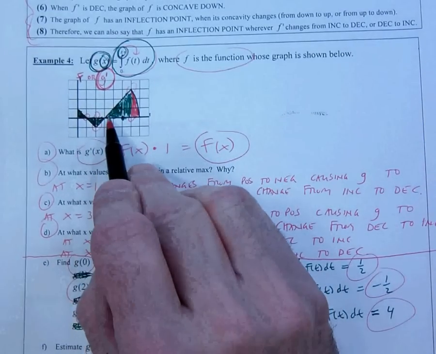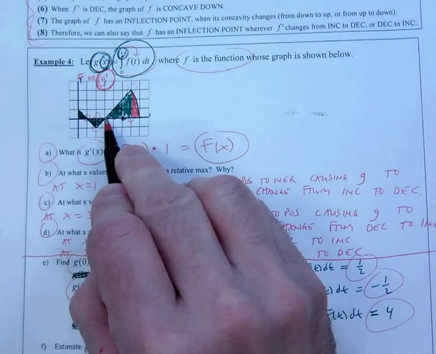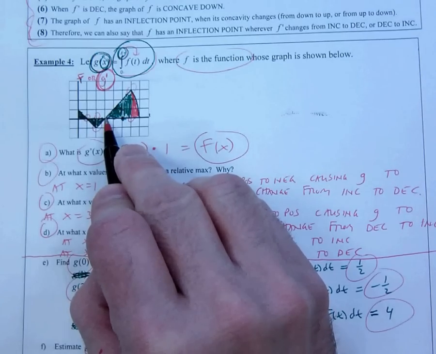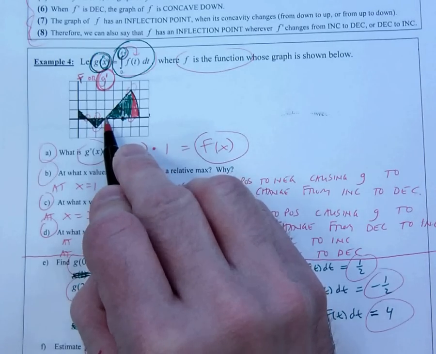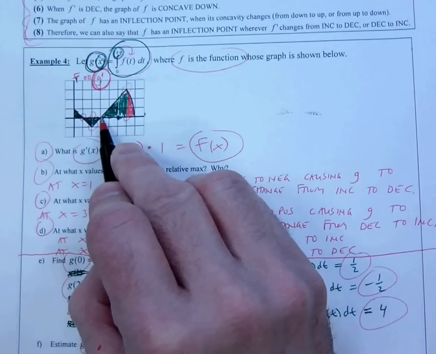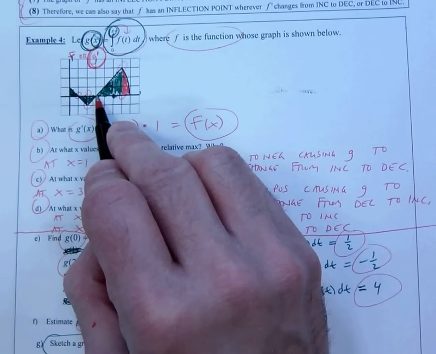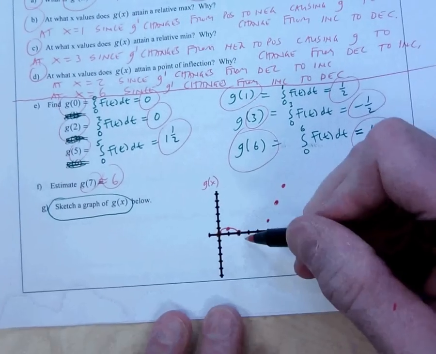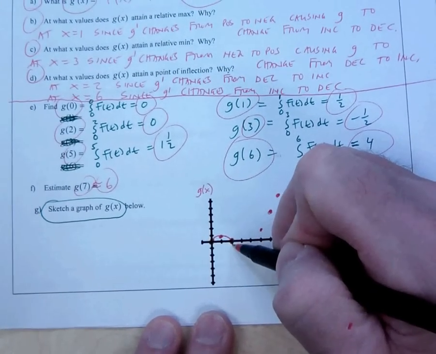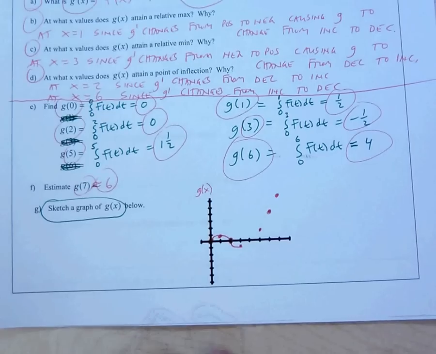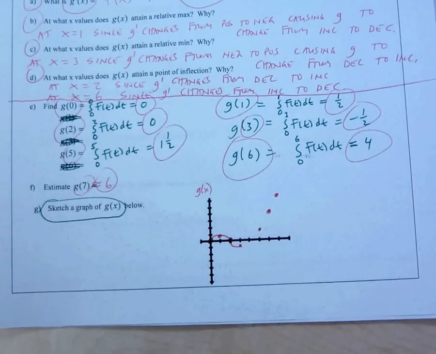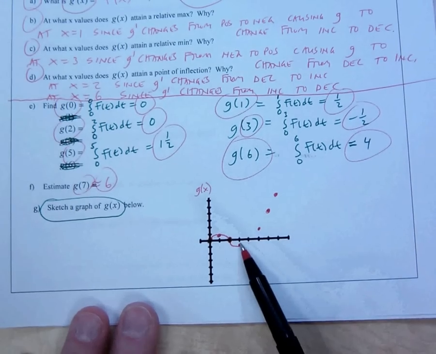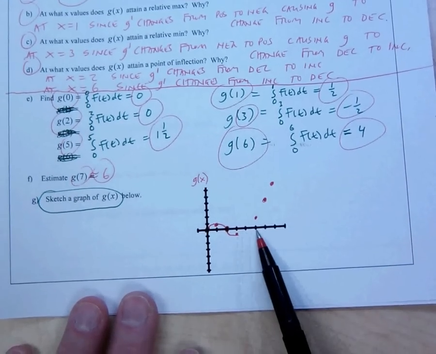Okay, how about between 2 and 3? G prime is negative and increasing. Therefore, G will be decreasing and concave up. So I'm going to connect these 2 points with a graph that's decreasing and concave up, kind of like that. Got it? And then how about between 3 and 5?